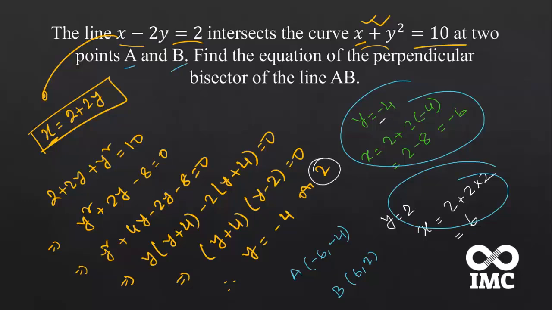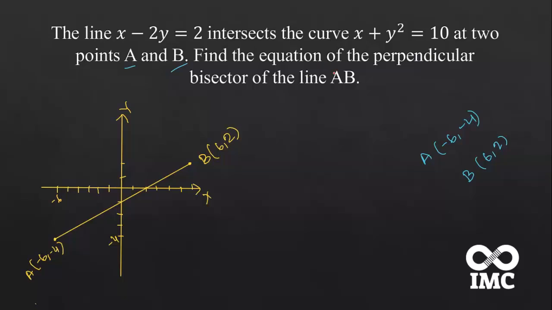Now the question says find the equation of the perpendicular bisector of the line AB. Let's draw the graph. Bisector means we need to find the midpoint of AB. The midpoint of AB is the average of minus 6 and 6, so minus 6 plus 6 by 2, and minus 4 plus 2 by 2.